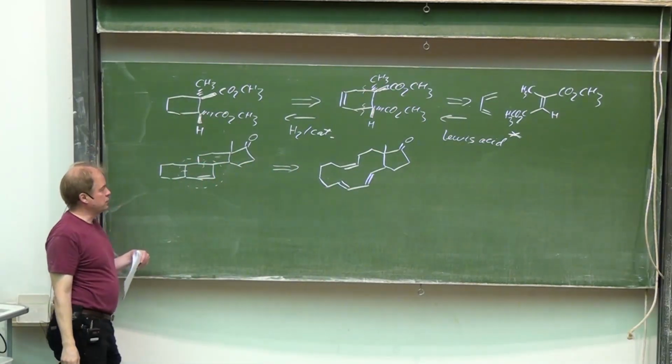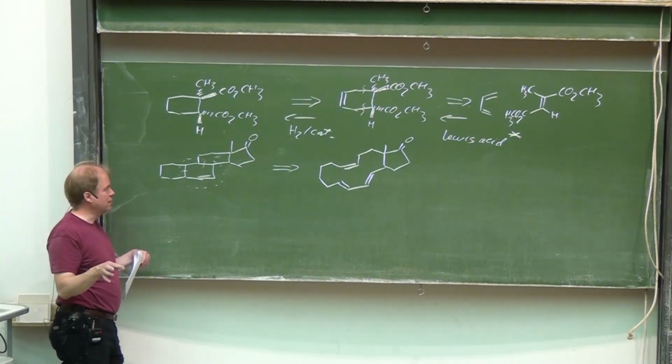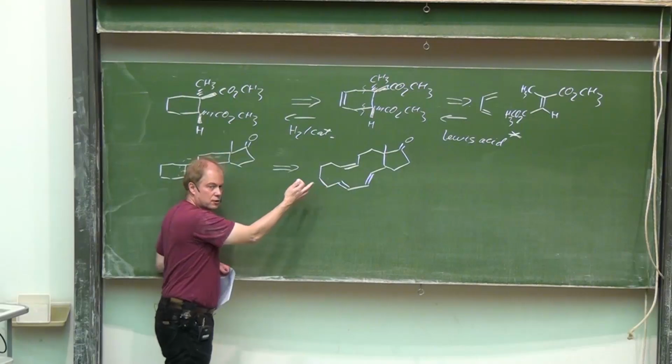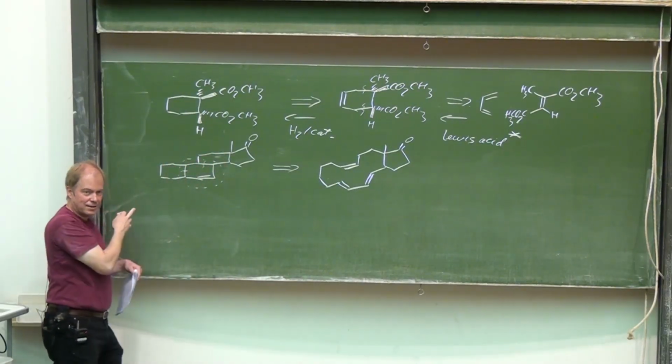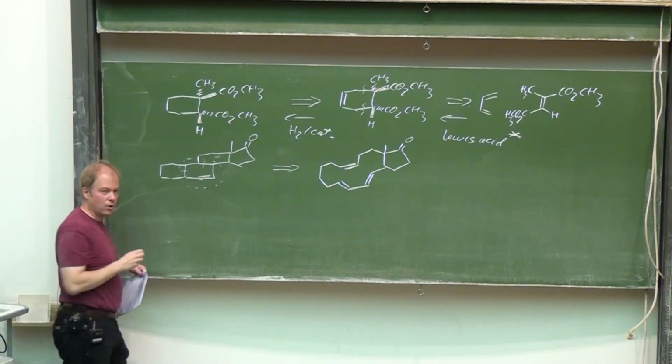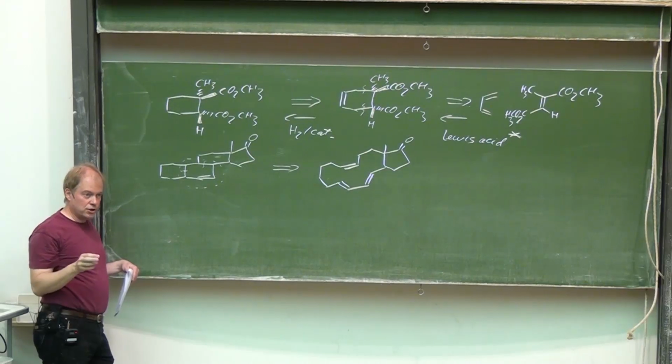So as retrosynthetic analysis, this would be correct in principle, but not a good idea, because this is more complex, far more complex than that. Therefore, these two bonds are certainly not strategic bonds.